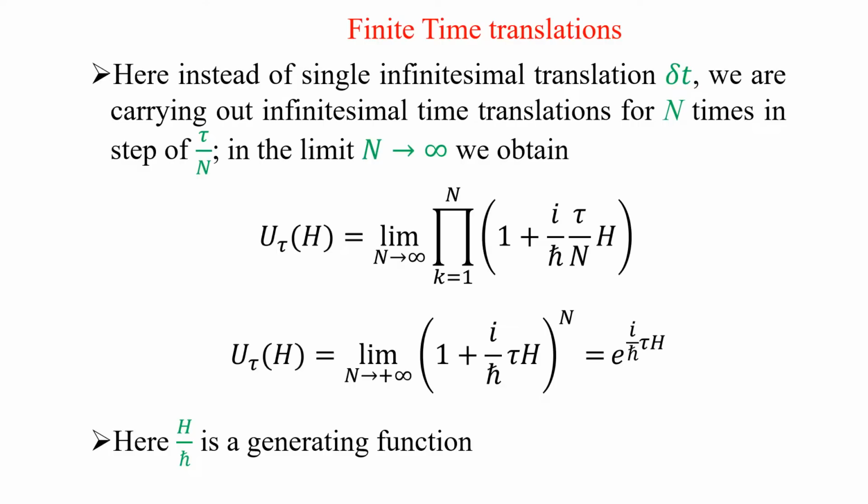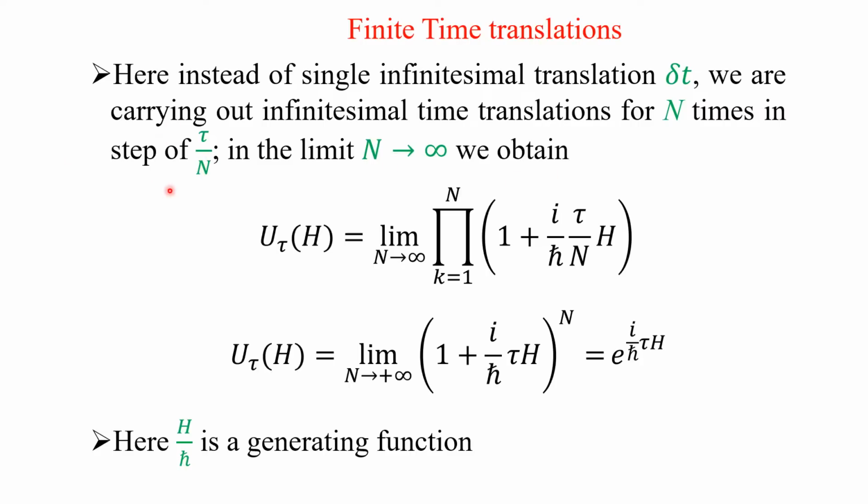In my previous class, we have seen the infinitesimal time translation. Now we are going to see the finite time translation. Here, instead of a single infinitesimal translation delta t, that is, in the previous class we translated the wave function by an amount delta t, where delta t is infinitesimally small, here we are going to carry out the infinitesimal time translation n times, in steps of tau over n, in the limit n tends to infinity.